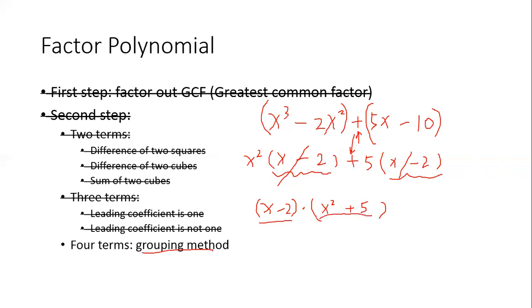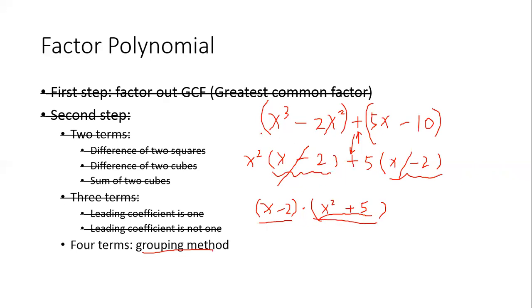So that is the method called the grouping method. Make it into two groups, and for each group, we take out the greatest common factor. Then we see that both groups have something in common, x minus 2, and you take it out. Once you take out x minus 2, the first group has x squared leftover, and the second group has positive 5 leftover, so x squared plus 5 is the second factor.